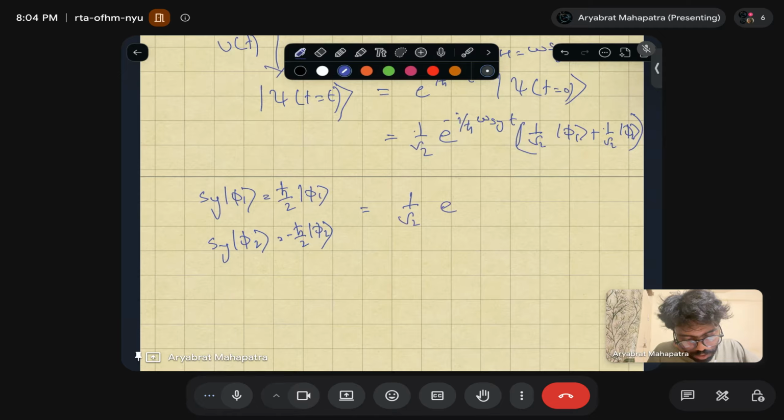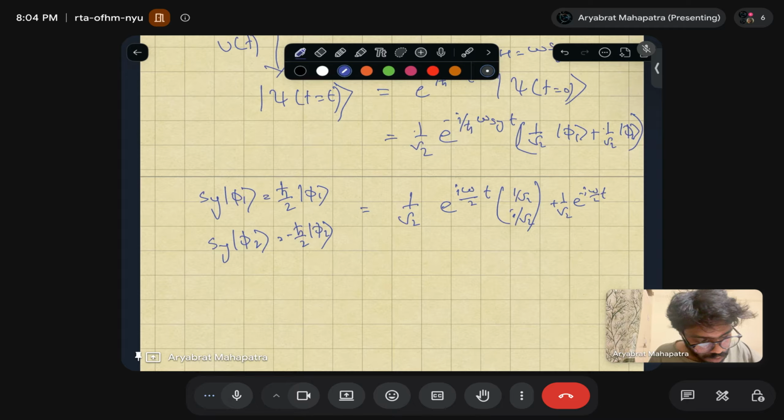1 over square root 2 times i omega by 2 times 1 over square root 2 minus i by square root 2, then plus 1 over square root 2 minus i over t, 1 over square root 2 and minus i over square root 2.